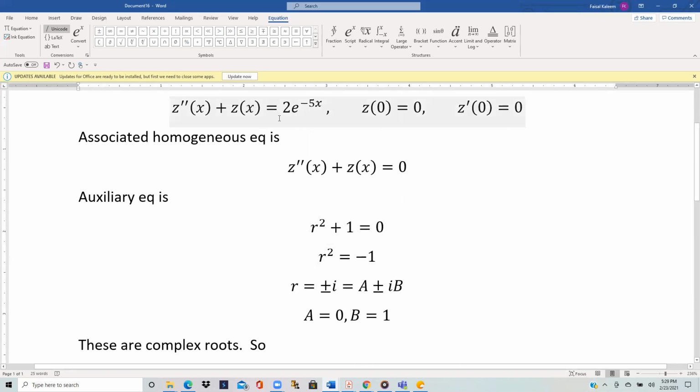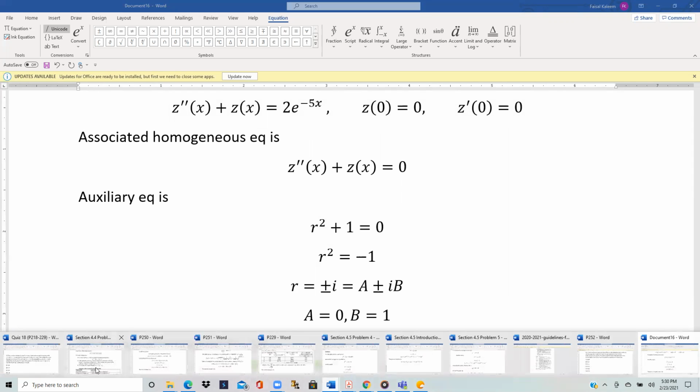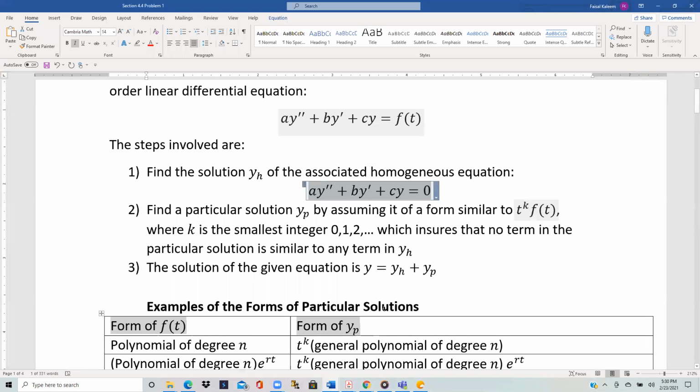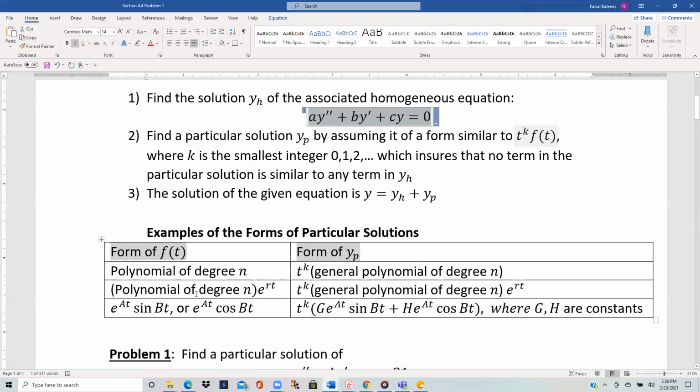And now if we look at the right hand side, for an exponential, let's go back to the basic forms that we studied. Is it 4.4? Yeah. I've written the form for a polynomial of degree n times an exponential.